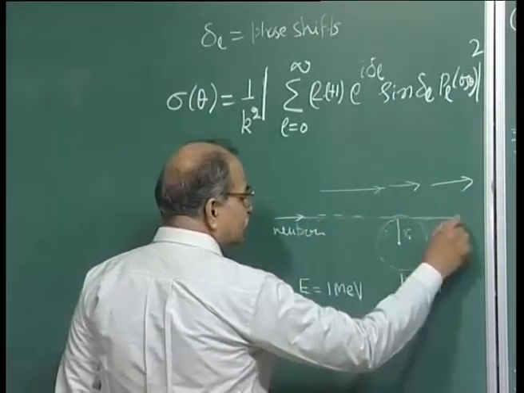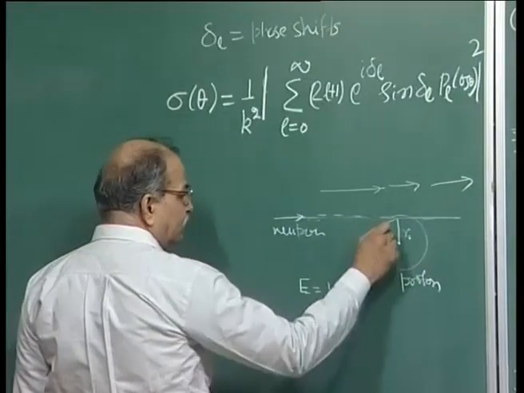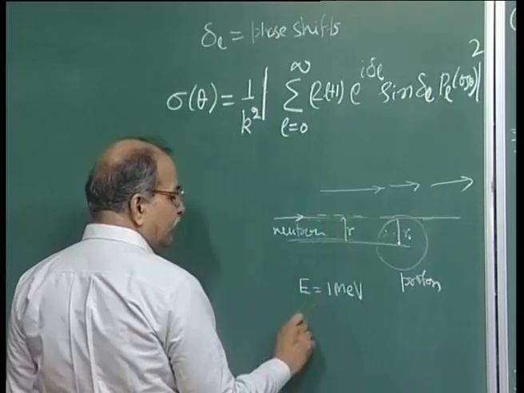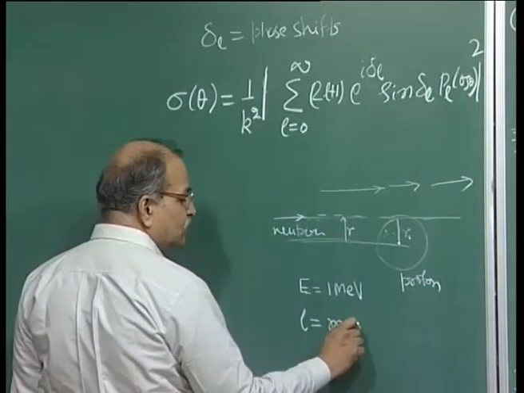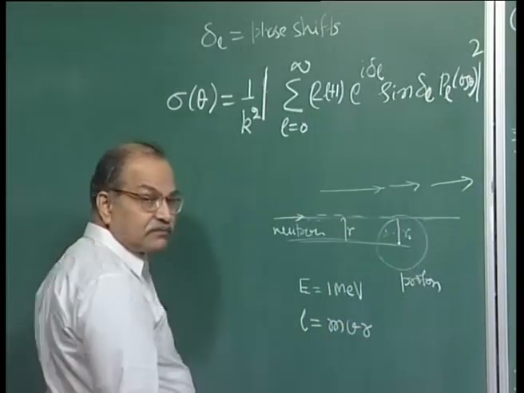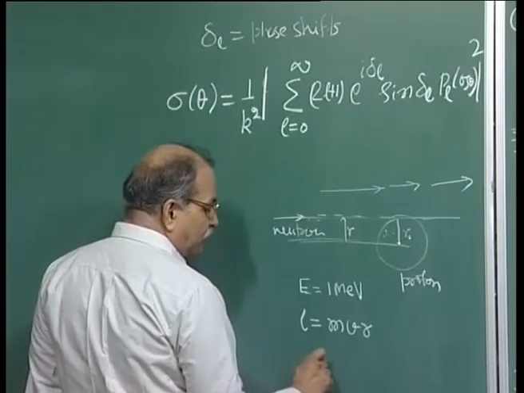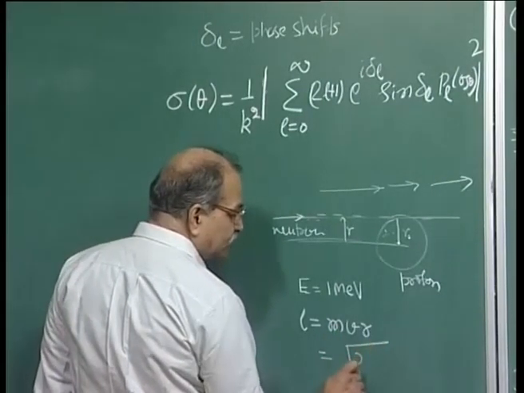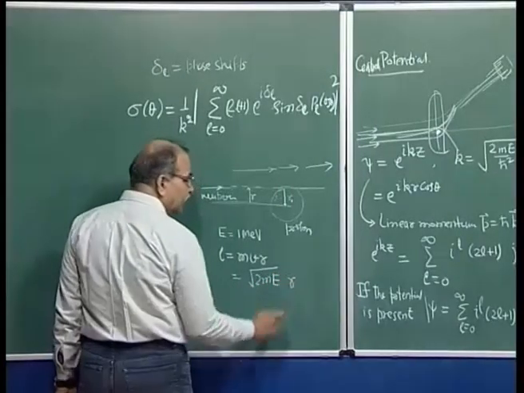If this distance is r, the angular momentum will be m times v times r, that is p times r. Now this p is the square root of 2 times m times the kinetic energy, and then r.